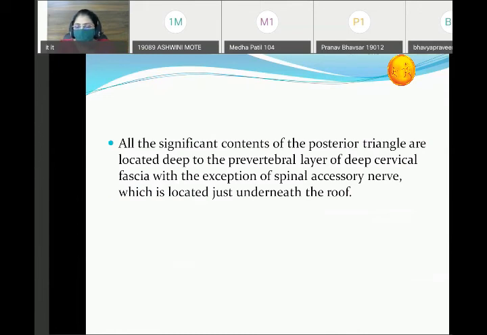The prevertebral layer of the deep cervical fascia is like a carpet over all four floor muscles: splenius capitis, levator scapulae, scalenus medius, and scalenus anterior.